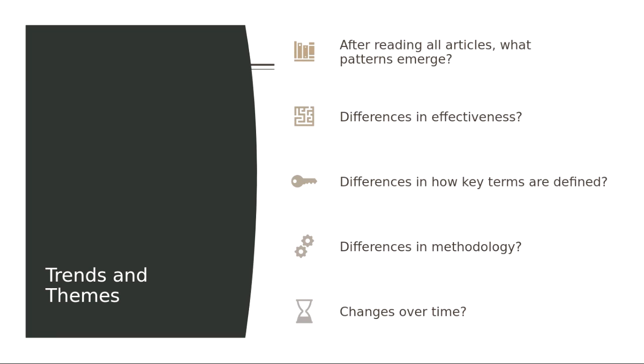You can see things like differences in how key terms are defined. So going back to the lit review on using a reward system for dealing with disruptive behavior in the classroom. Let's say you see that some articles are calling it disruptive behavior, but what they're really talking about is more aggressive behaviors.